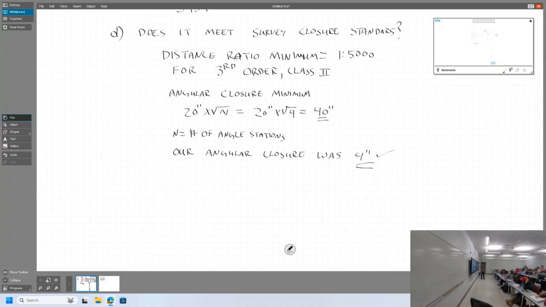The correction in departure is equal to the negative closure in departure over the length of traverse times the length of that certain line. So how do we determine the closure in departure? Everybody have a guess? It's the sum of all the departures and the sum of all the lats. We can write that here in a second.